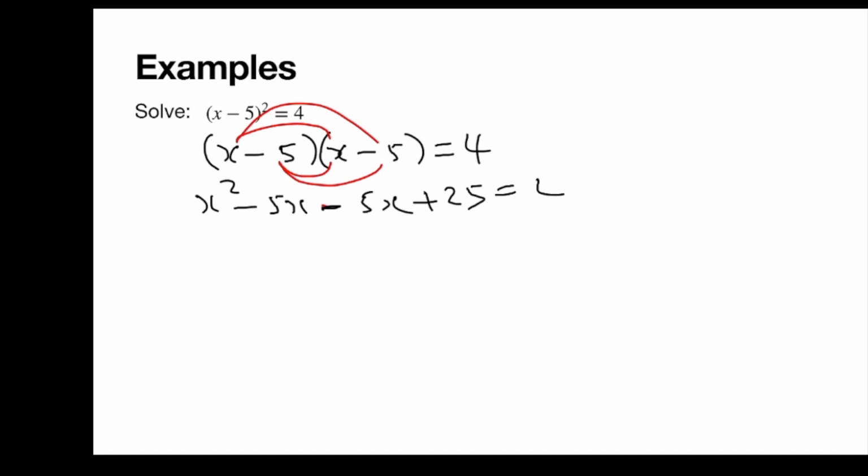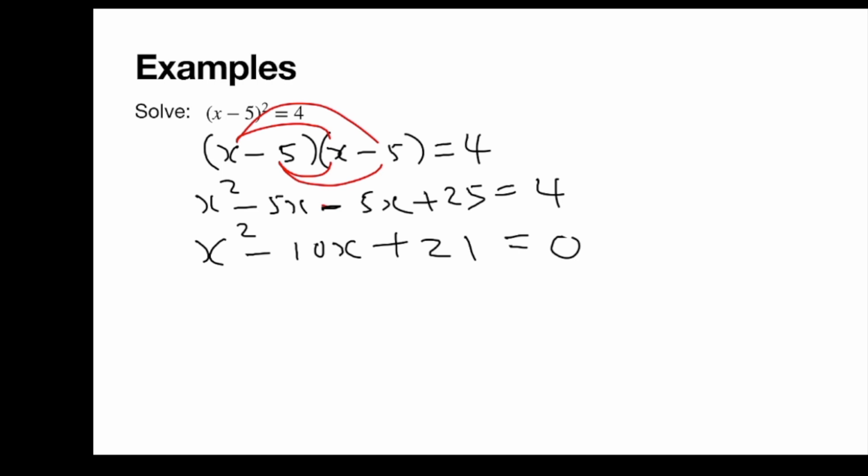So all this is equal to 4. Then let's simplify and let's bring the 4 to the left-hand side so that the right-hand side is equal to 0. For quadratic equations, we need the 0. So this is x squared here. Minus 5x and minus 5x will give us minus 10x. Then bring the 4 to the other side. That will become 25 minus 4, which is plus 21.